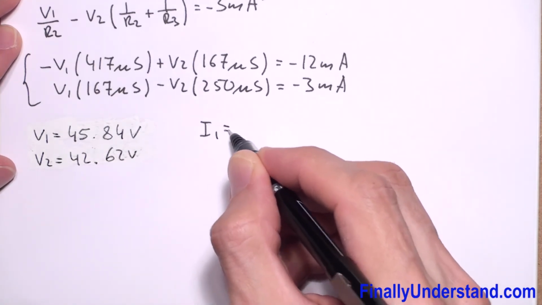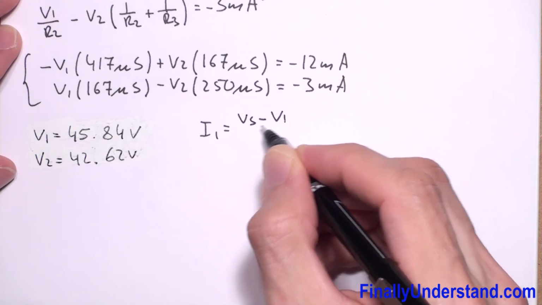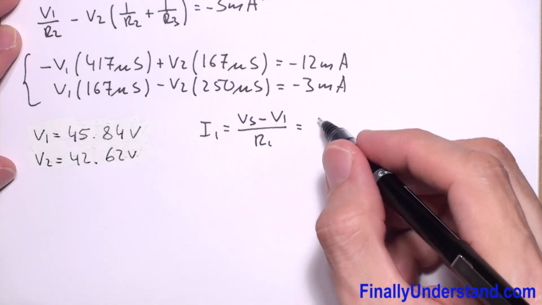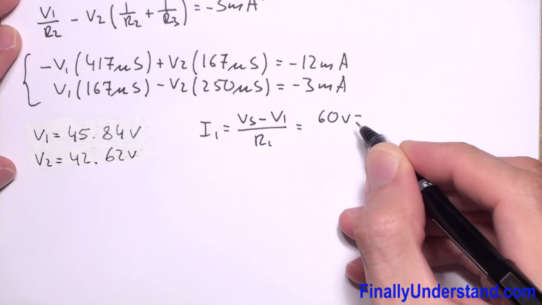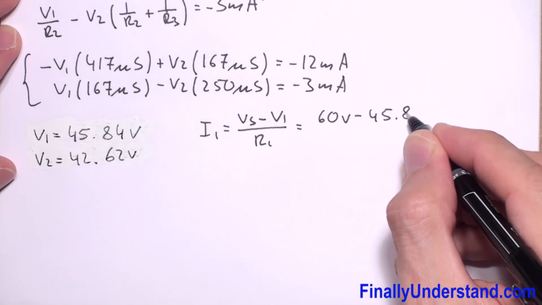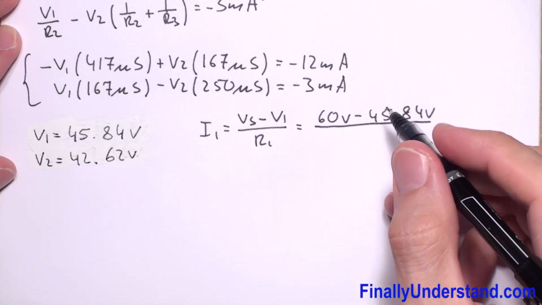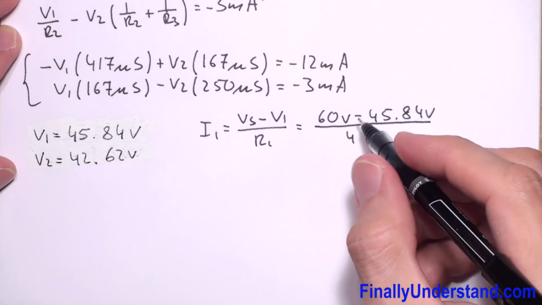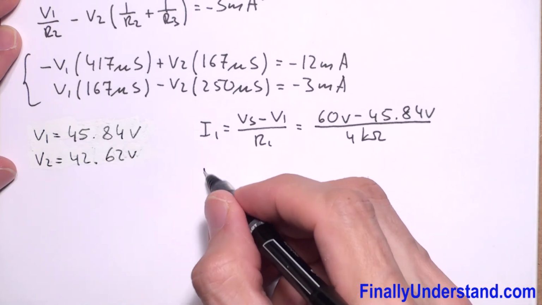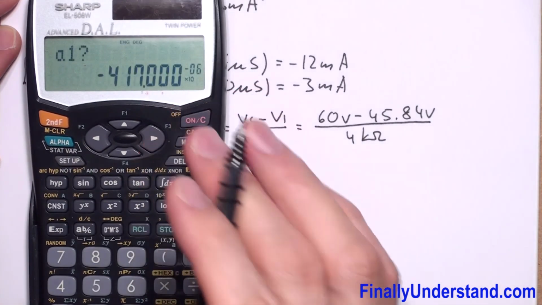I1 is equal to voltage source minus V1 over R1, where the voltage source is given, this is 60 volts, minus V1, which is equal to 45.84 volts, over R1, which is equal to 4 kilohms.